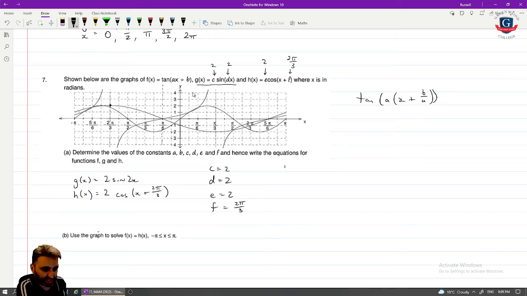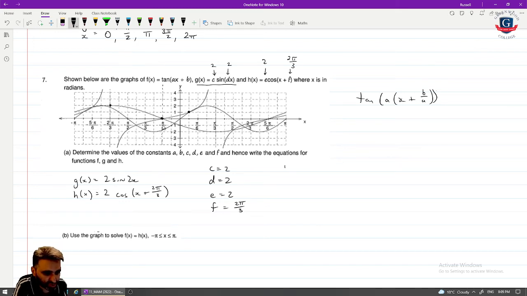Normally, we'd expect at 45 degrees for it to be 1. Has it got a vertical shift? It has, hasn't it? So here's the middle, and here's there. The question is, how far has it gone?